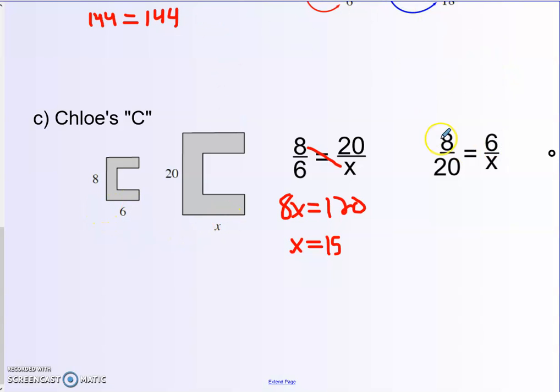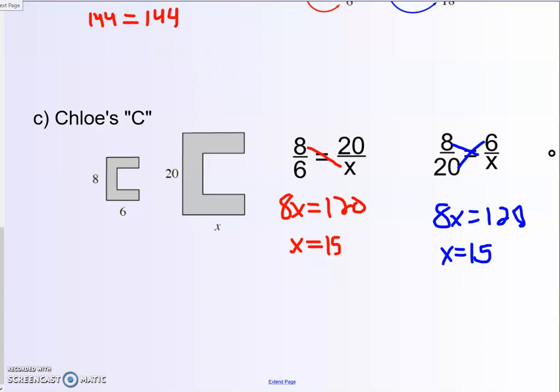And you'll notice when she cross multiplies this, she gets 8X equals 120. I mean, she gets the same thing. She gets X equals 15. And so as long as your proportions are consistent and make sense, then yes, you can set them up. And there are lots of different ways you can do these problems.